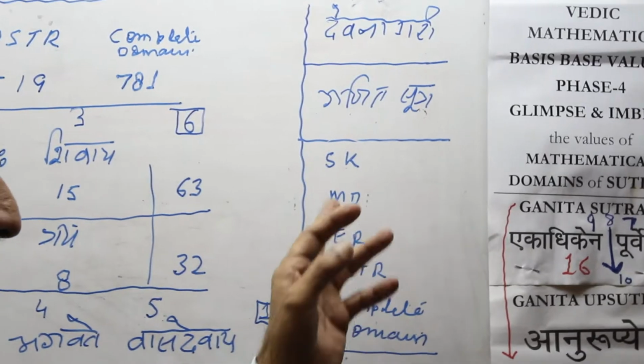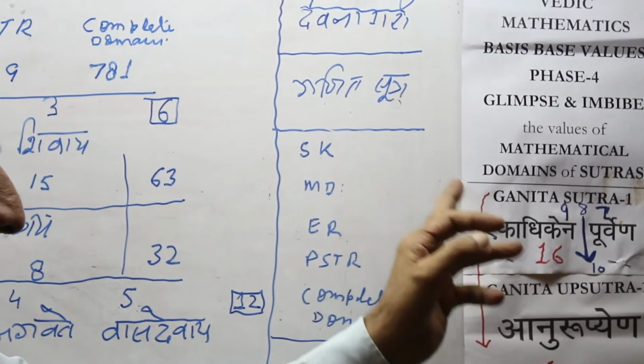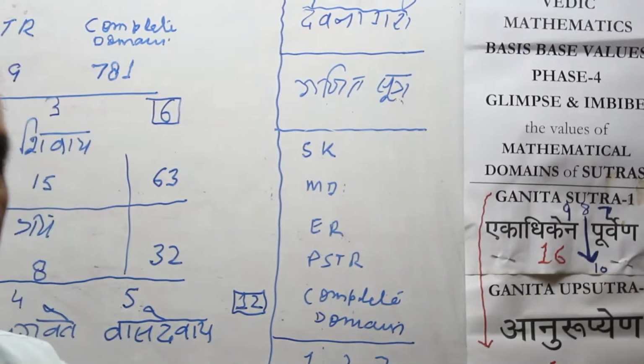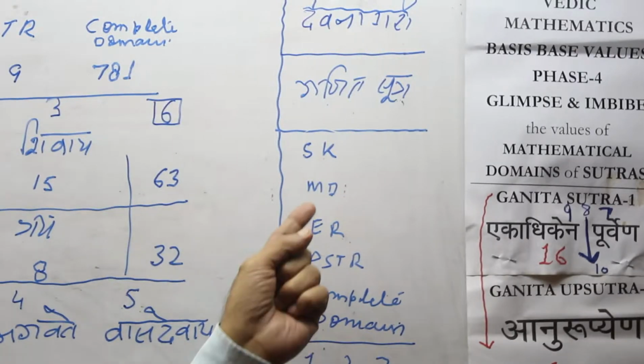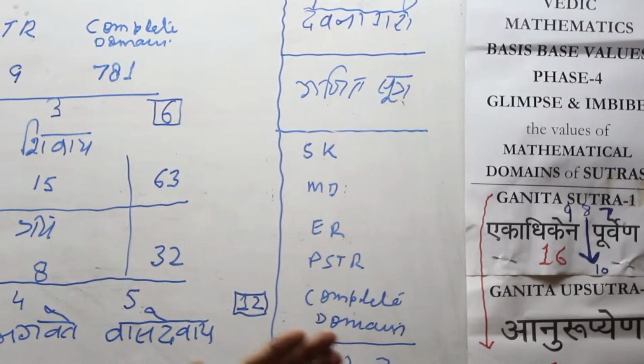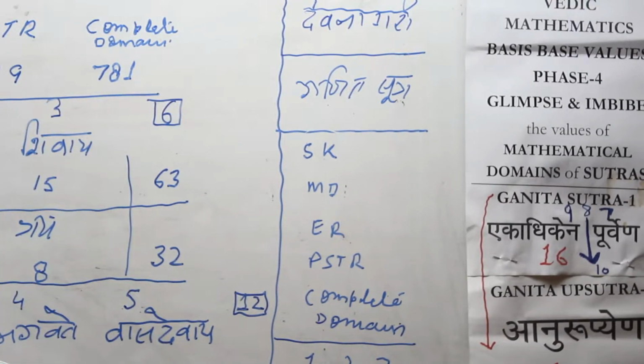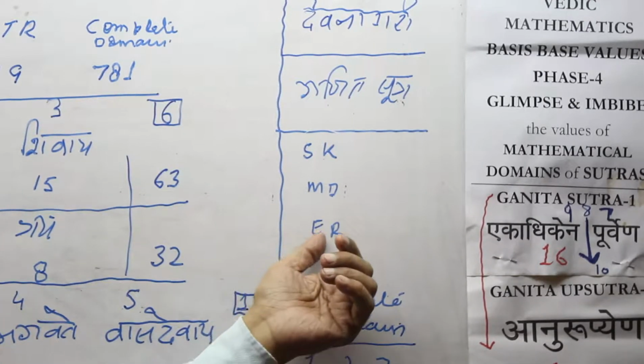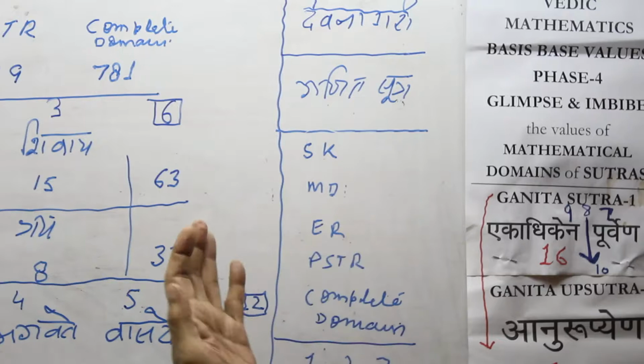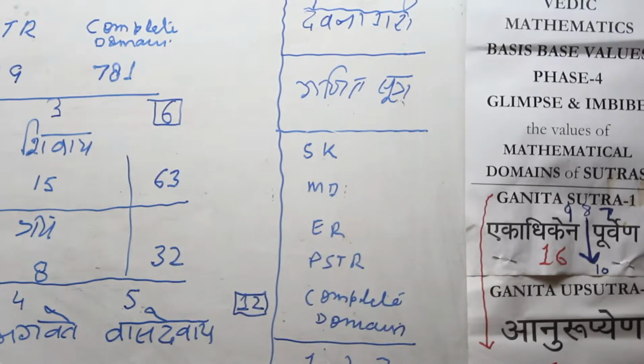That way, after having the structural keys in terms of the letters of Ganita Sutra 1, we reach the mathematical domains of the Ganita Sutras 1 to 16 in terms of the first letters of their texts. Thereafter, we reach the end values, the end reach values of these mathematical domains.